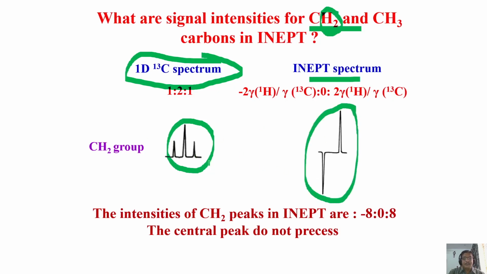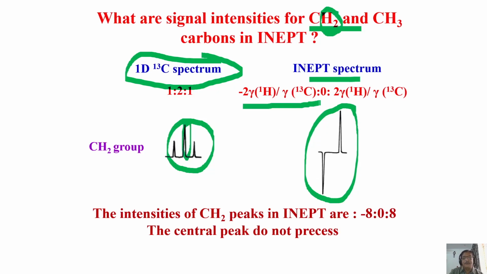The reason is that the central component of this triplet does not precess at all. It is always along this axis. Only the fast moving and slow moving components start moving and dephasing, moving in opposite directions. But the one at the center will not precess at all. It is always along the same axis. So as a consequence, that is not affected.